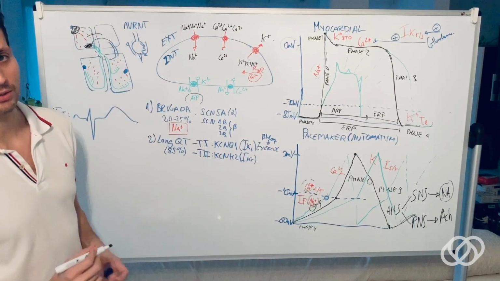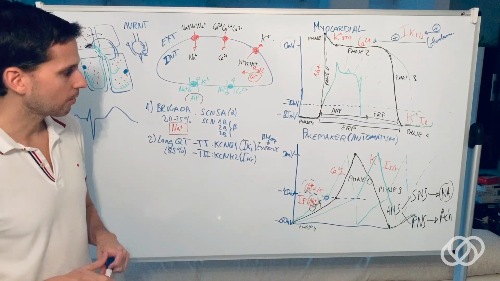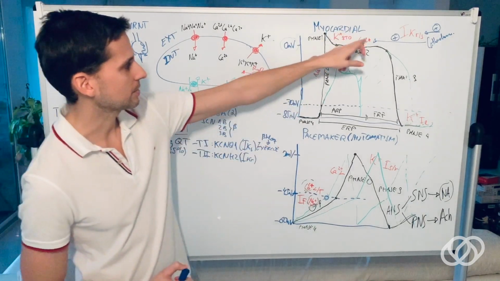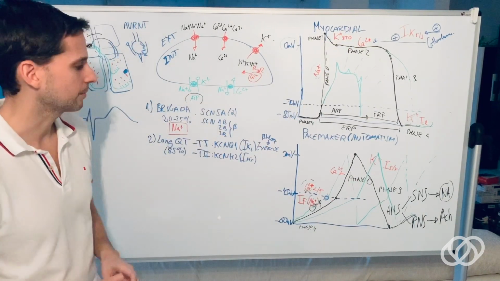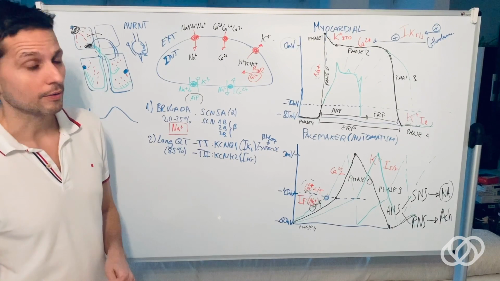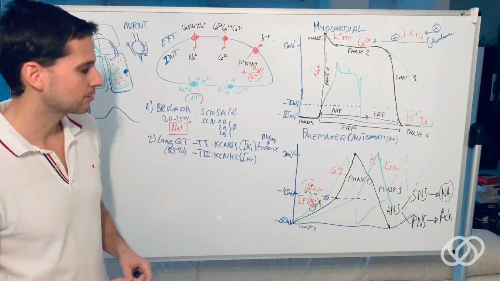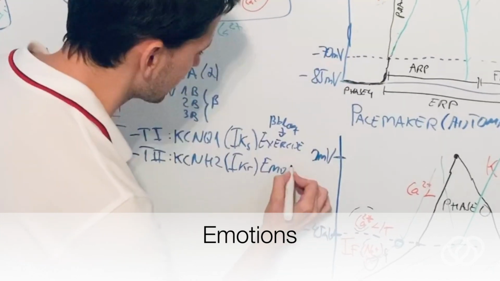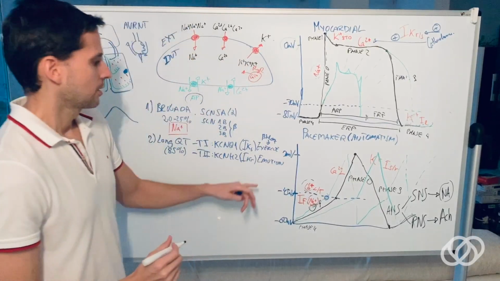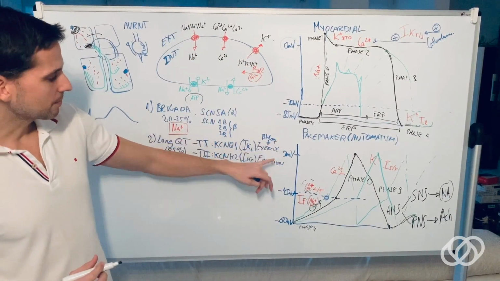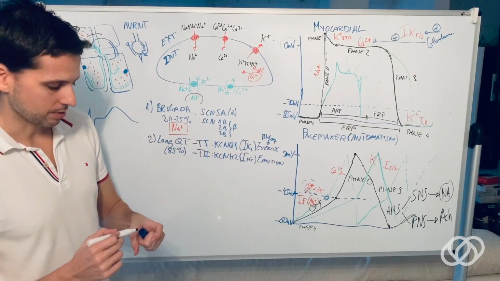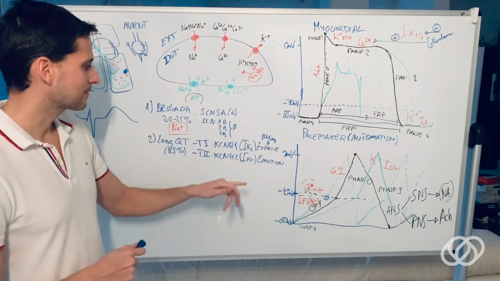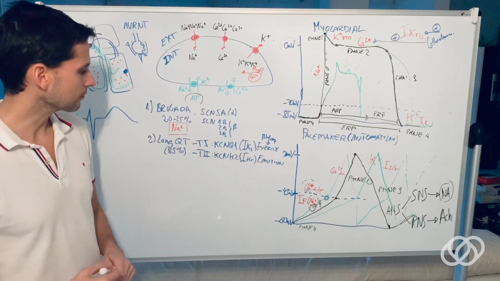It's pretty similar to this one because we also have a problem with the catecholamines. But here the arrhythmias are usually triggered by emotions. We also give beta blockers to these patients, although they are not as effective as with type 1.